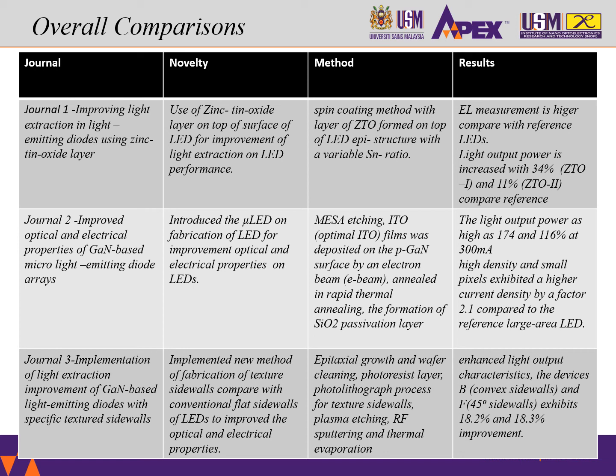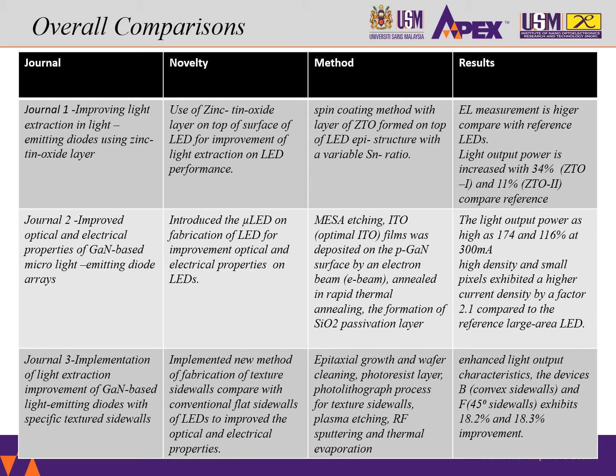Based on this method, we can see that the light output is increased by 174% and 160% at 300 mA. With higher density and small pixels, a higher current density can be achieved by a factor of 2.1 compared with the reference LED.